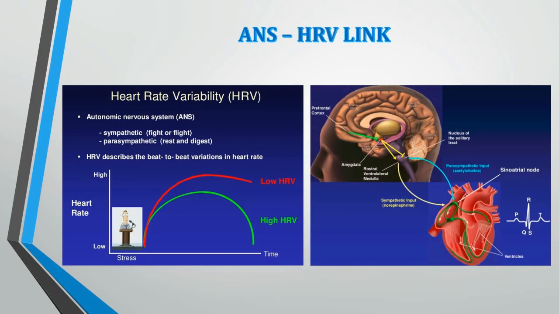As you can see from this graph, if you have a low heart rate variability, the heart rate goes between a low and high in a very small amount. If you have a high heart rate variability, as the name already suggests, the range of the heart rate is much higher. And here on the right, you can see how the heart rate connects to your brain and to your autonomic nervous system and what the exact interactions are.